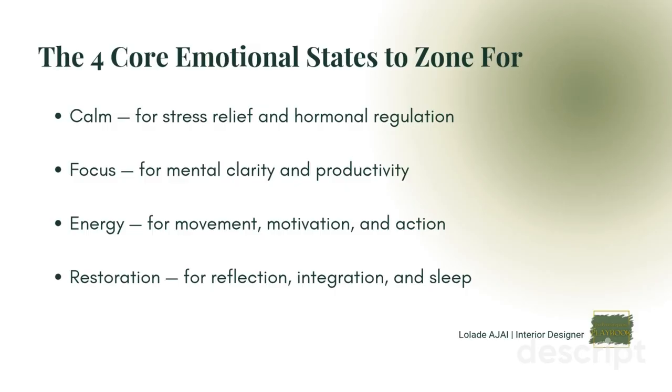The second is the focus zone, which supports clarity, work, and mental productivity. The third is your energy zone, which helps you feel activated, whether that's for exercise, running errands, or being busy and active. And the fourth is the restorative zone, where you wind down, a place you go to reflect, and the space where you have deep restorative sleep.